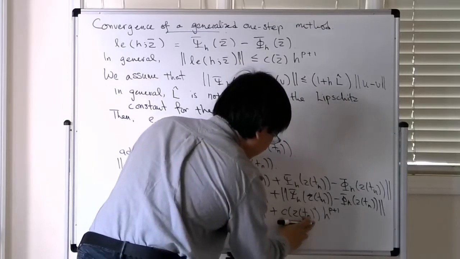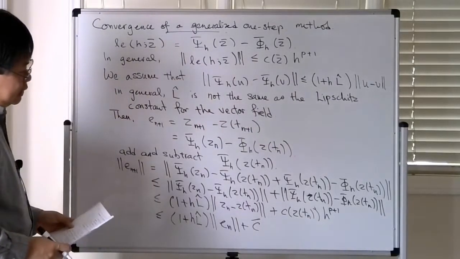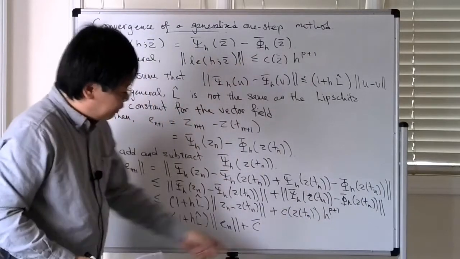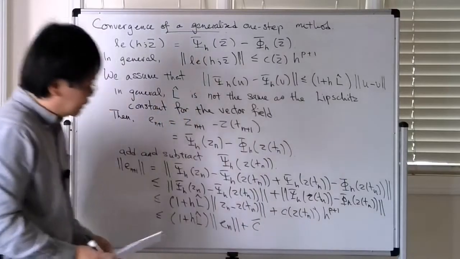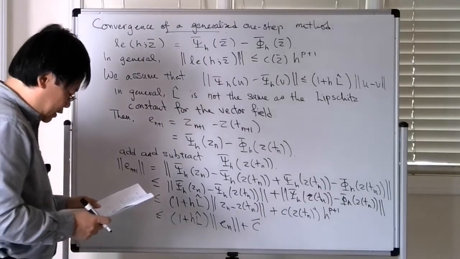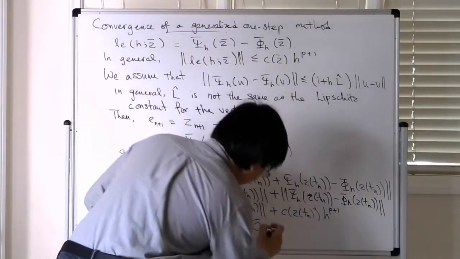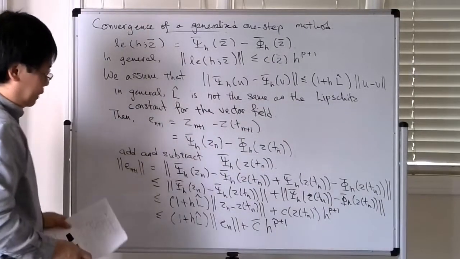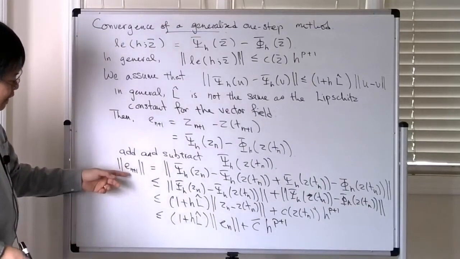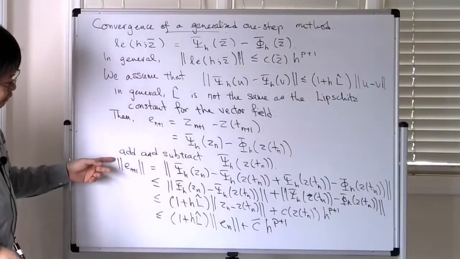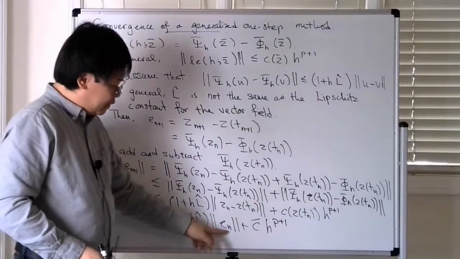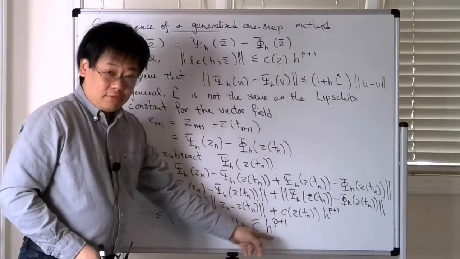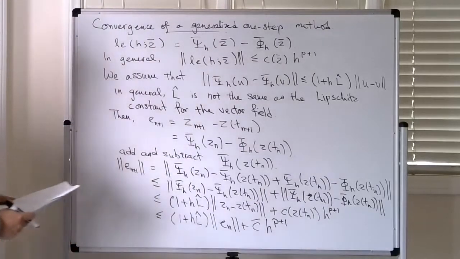So I'm going to assume that you can find a uniform bound on this constant here, and I'm just going to denote that by C bar, and then I have h to the p plus 1. Okay, so now I have this: the error at the n plus first stage is some amplification of the error at the nth stage plus some term which is coming from the local truncation error.